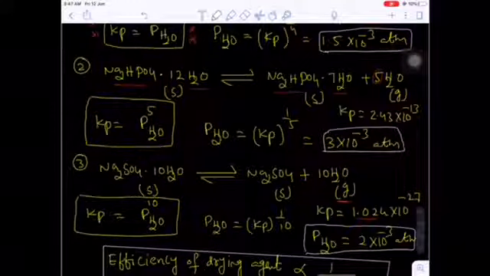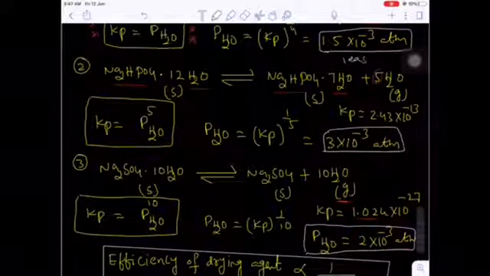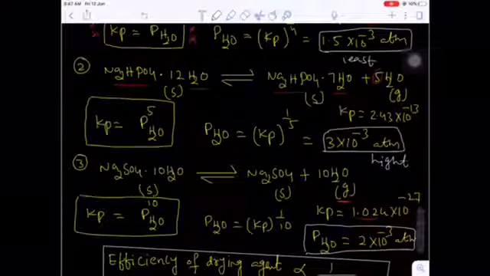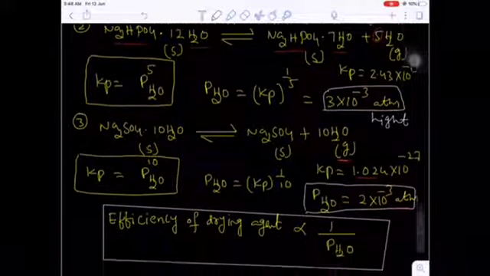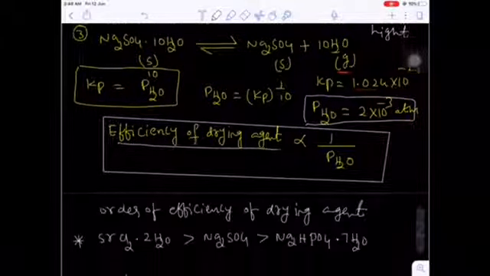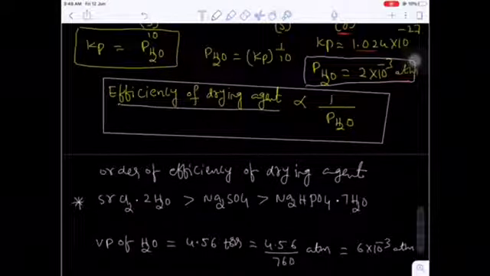So out of these 3 values, which is the least value? Least value is 1.5 into 10 raised to minus 3, and this is the highest value. So the least value is for SrCl2, which is the best absorbing agent.